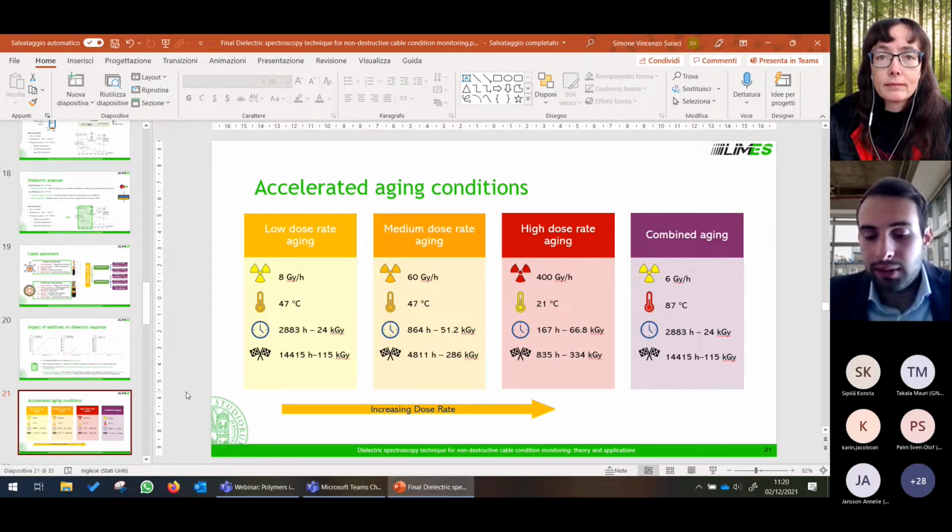It depends, obviously, on the area inside the nuclear plant where these cables are placed. But usually the dose rates are very low, also lower than the low dose rate. Anyway, due to time constraints, it is important to produce an accelerated aging. But the key is not to create the so-called diffusion limited oxidation, as was presented by the PNL researcher yesterday.